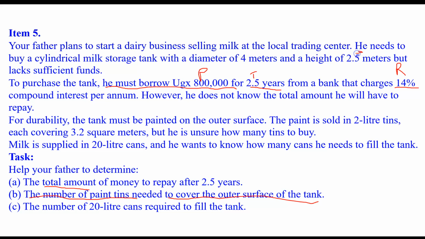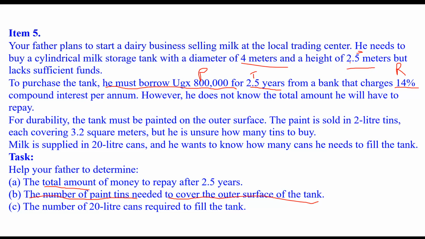You notice that they are saying he needs to buy a cylindrical milk storage tank with a diameter of 4 meters and height 2.5 meters. Which means the tank to be painted has a diameter of 4 meters and a height of 2.5 meters. We can first calculate its surface area.